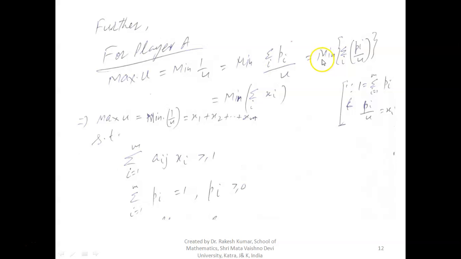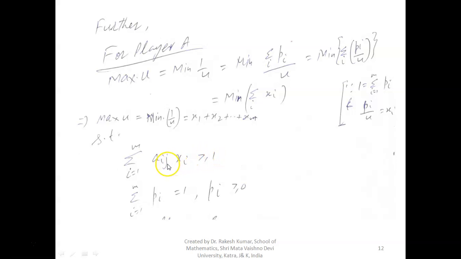So just writing this way, minimize summation over i of Pi upon U, and let us consider Pi upon U denoted by Xi. So it is minimize summation over i of Xi, or simply minimize 1 upon U is equal to x1 plus x2 up to xm, such that summation over i from 1 to m of aij Xi greater than or equal to 1.